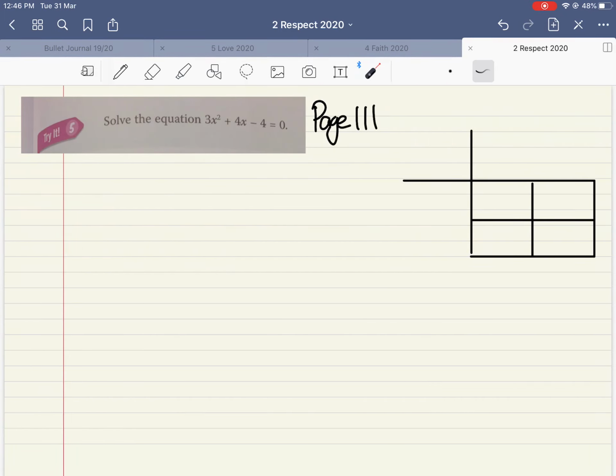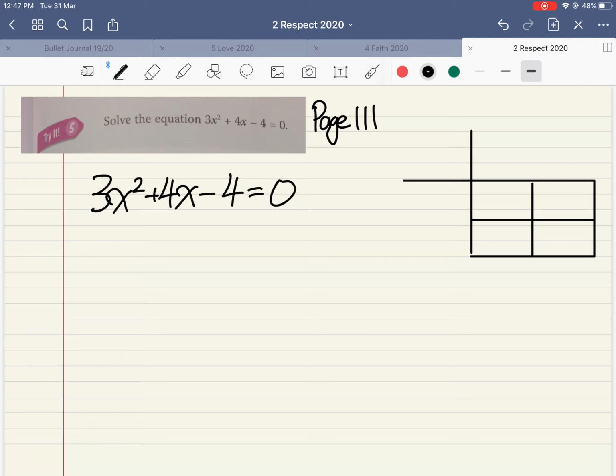Now, bearing in mind that p times q equals 0, let us turn our attention to Try It 5 of page 111. As I've said earlier, today we will also deal with factorization. First and foremost, let's look at the given equation here. The given equation is 3x squared plus 4x minus 4 equals 0.